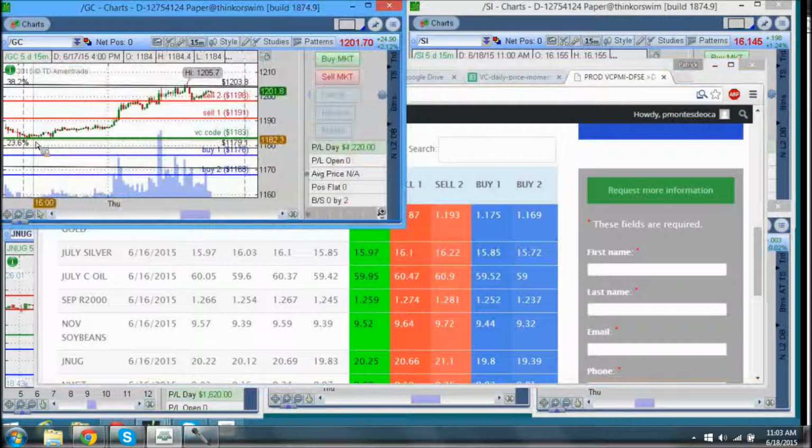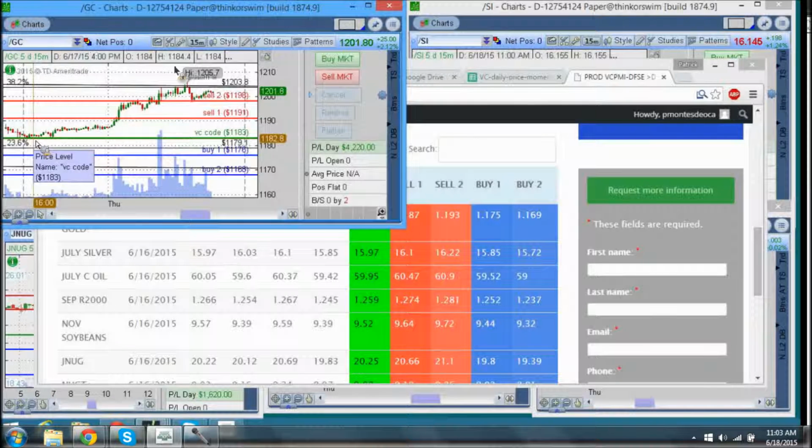And these are the algorithms that we use basically to produce these results. As you can see here, this is the daily algorithm that had accurately identified the trigger point of 1183 as the VC code, or the pivot point for the week. Above the VC code, we're looking at targets of sell 1 and sell 2, very specifically where you would take your profits if you bought it down here.